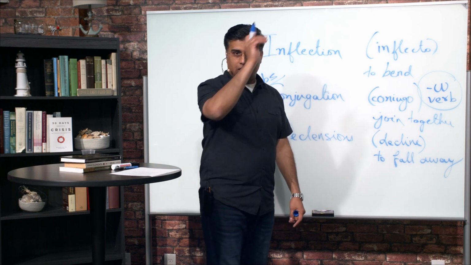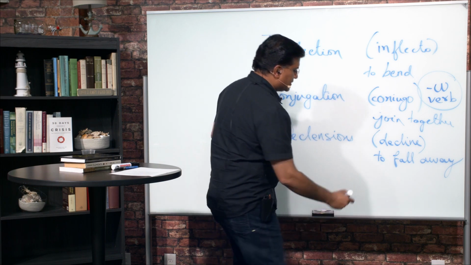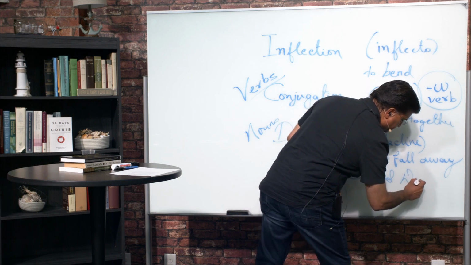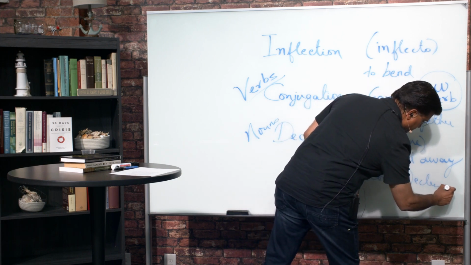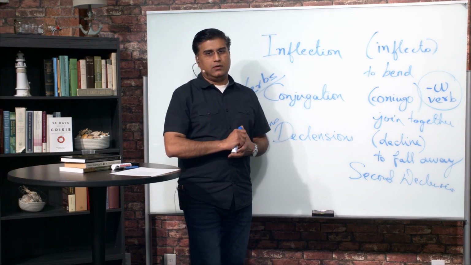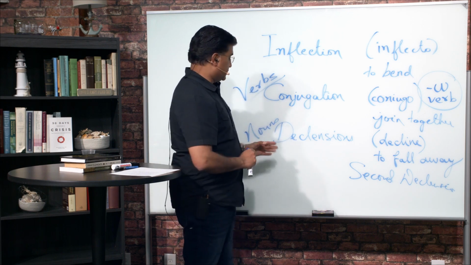We'll come to that. Under declension, the second declension is the most common and also the one easiest to understand when it comes to declining nouns.